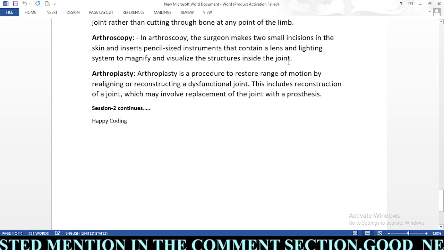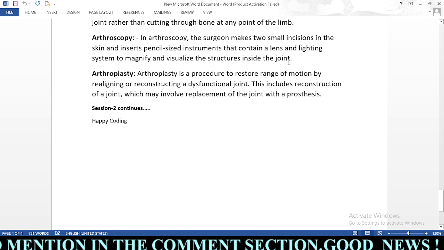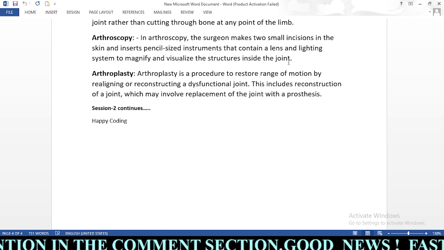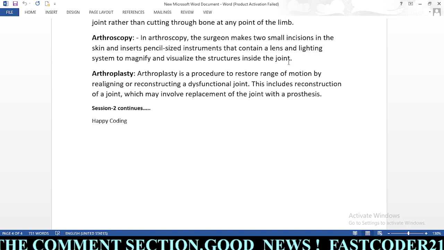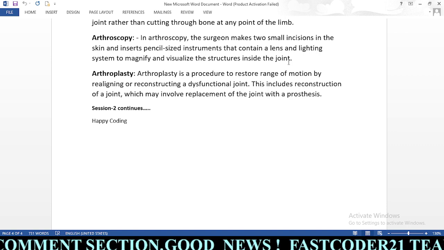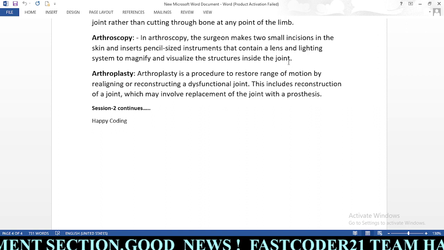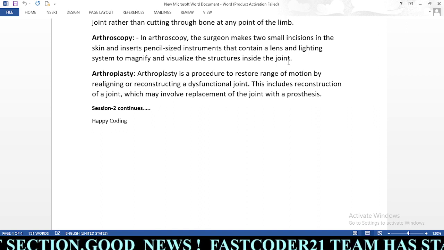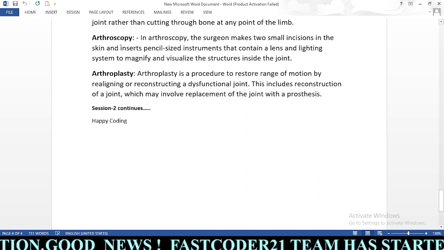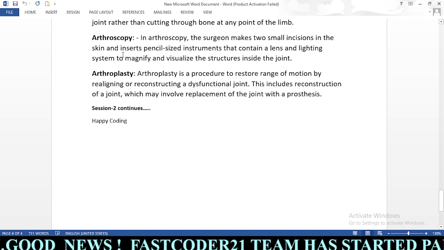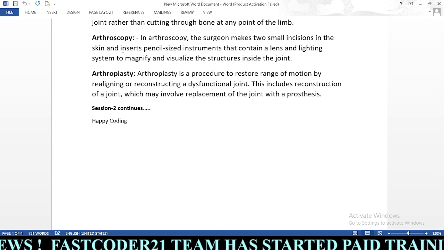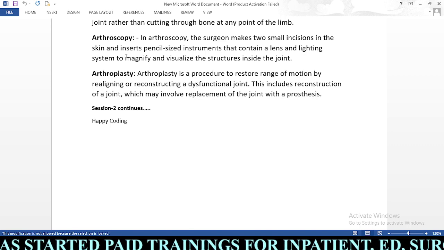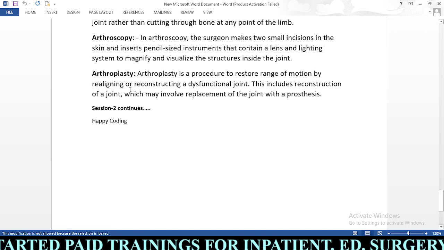Here, the physician will make two incisions, and using these two incisions, the physician will operate on the patient's condition using the camera. Arthro means joint, scopy means visualization. So it is the process of seeing the structures inside the joint.